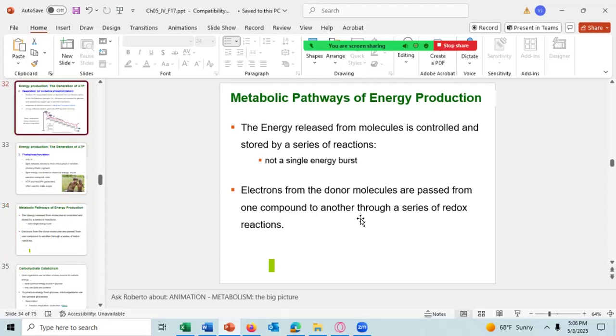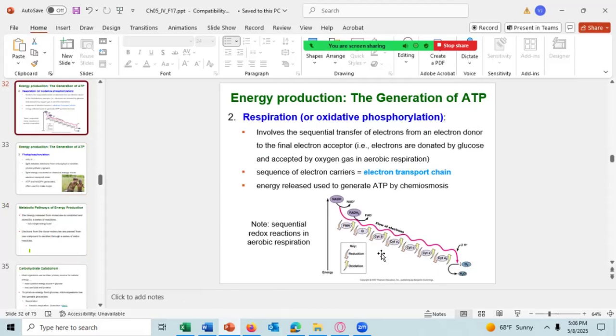And I've already shown you those redox reactions right here. Ultimately, the electrons generally generated from glucose are passed to NADH. Then they're passed through the chain of proteins in the electron transport chain, and we'll talk a little bit about that later.